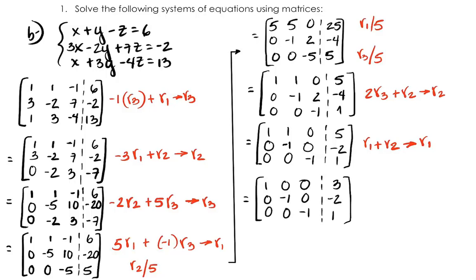Now we can finally find the values of x, y, and z. The x coefficient is 1, so we can say that x equals 3. The y coefficient is negative 1, so we can say that negative y equals negative 2, which is the same thing as saying that y equals 2.